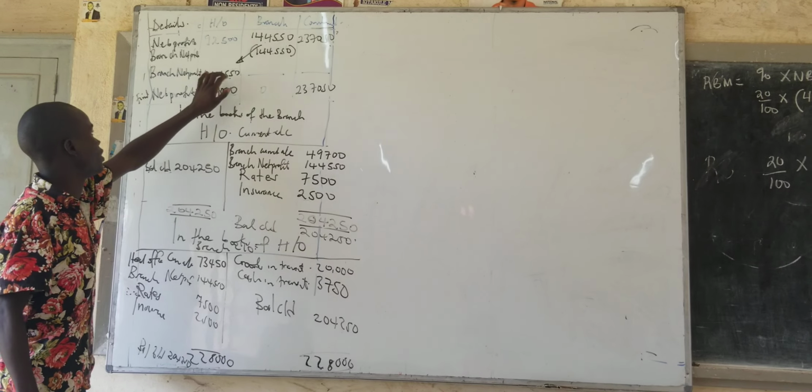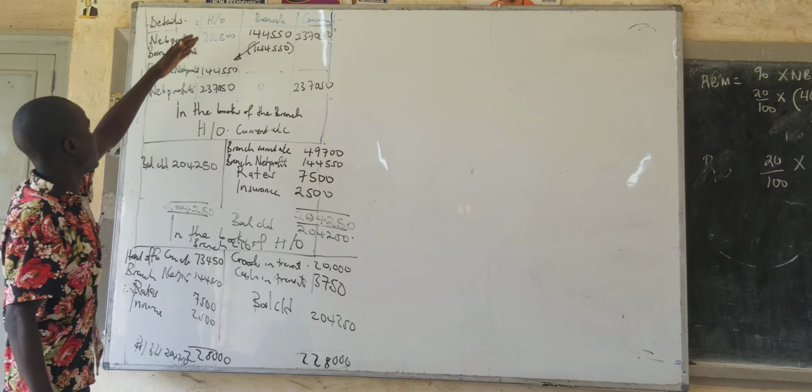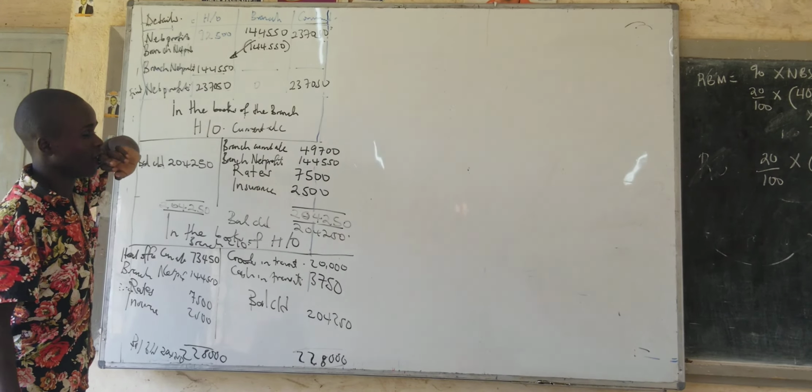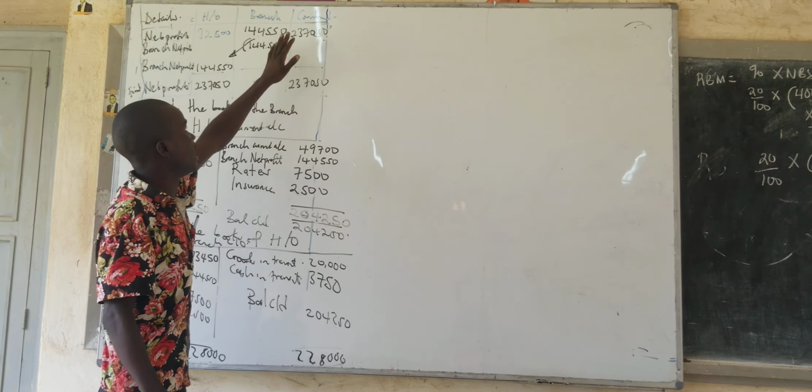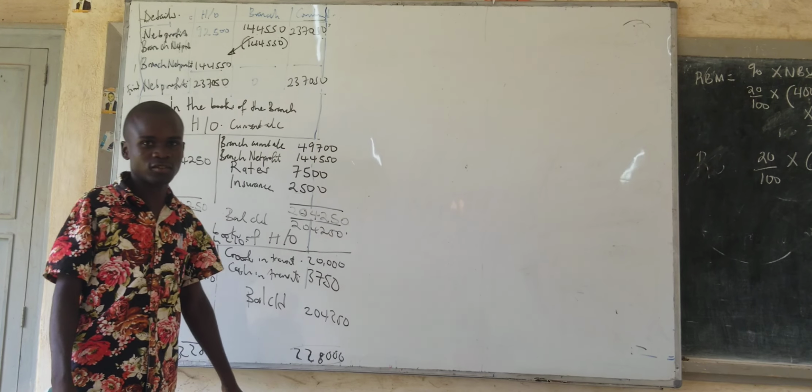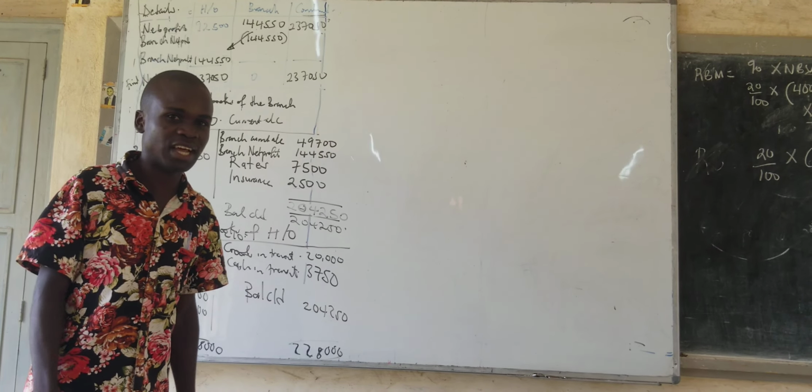Finally the head office profit is this, the branch has no profit, and this is the combined. That's the appropriation, as simple as that.